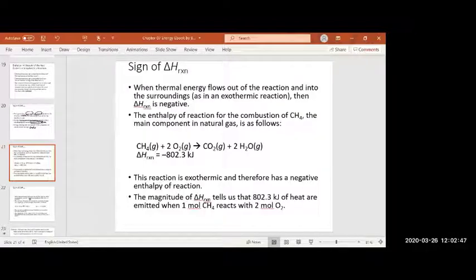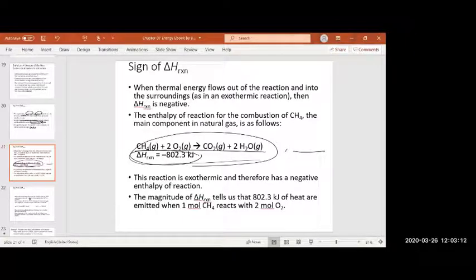Okay, now the equation of heat, or how we include the enthalpy, the change in enthalpy delta H, in a reaction, it will be like this. We will write down the reaction, then we will separate the delta H. Sometimes they just put it here on the right side with this value.